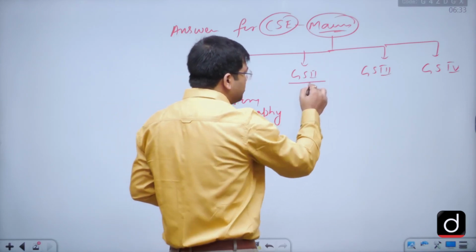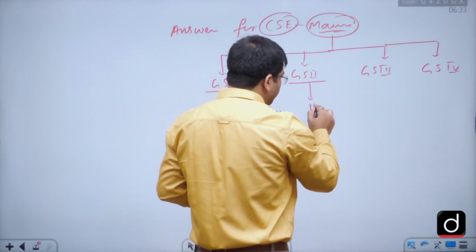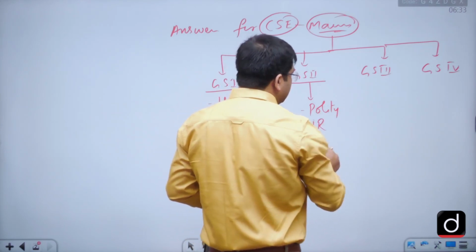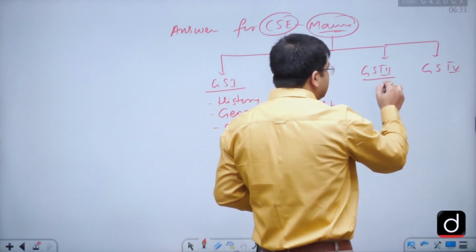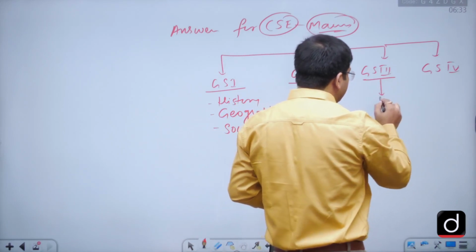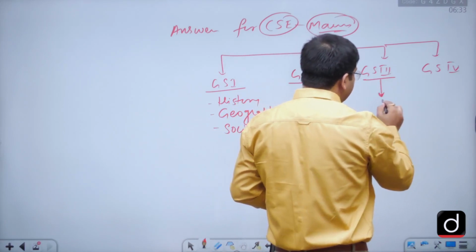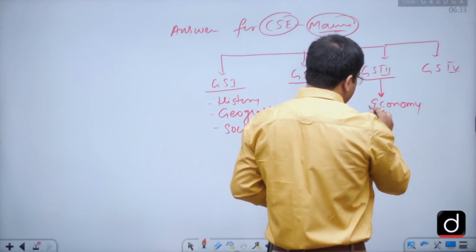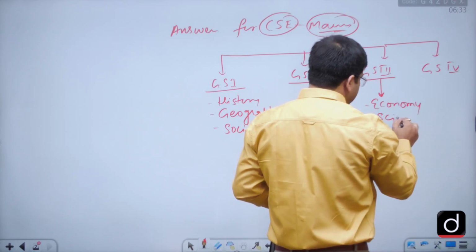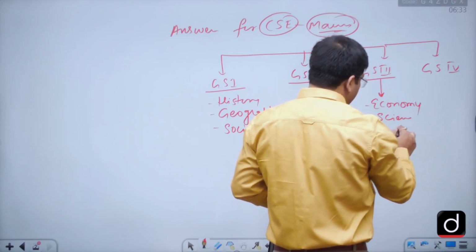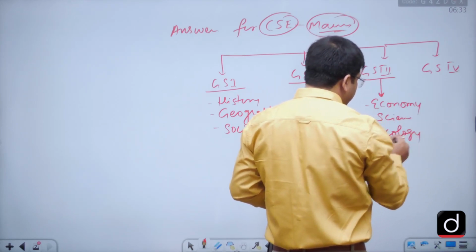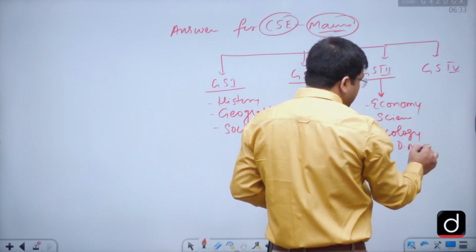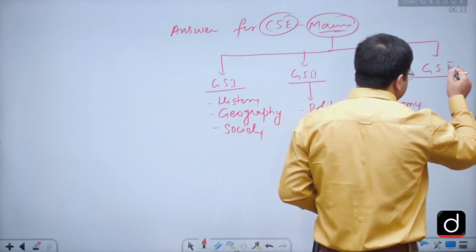Again in GS2, the topics are related to polity, governance, international relations, right? GS paper 3 comprises economy, science, ecology, environment, biodiversity, disaster and disaster management, and internal security kind of.